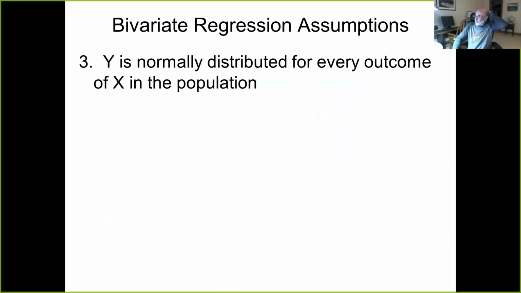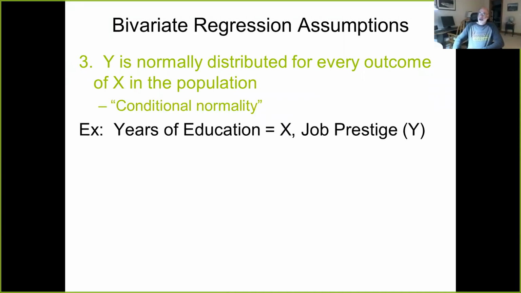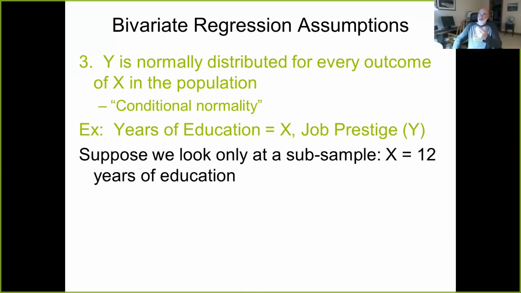We assume y is normally distributed for every value of x in the population. This is called conditional normality. So let's say you had data with a measure of prestige of a job, y, and that is related to the years of education that you have, x.